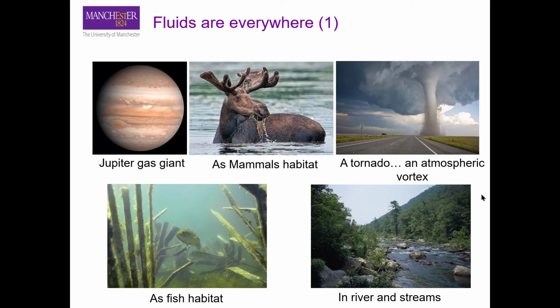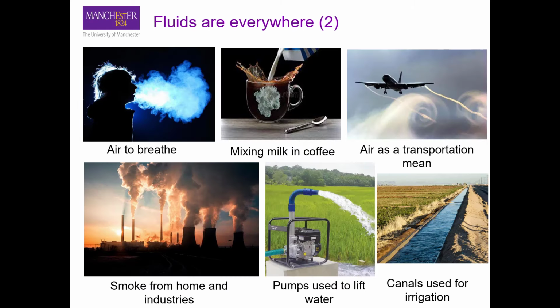For example, we have animal habitats, we have different weather conditions, and how we actually manipulate these fluids to our advantage. For example, mixing different fluids, flying aeroplanes, and pumping of liquid and several other applications.